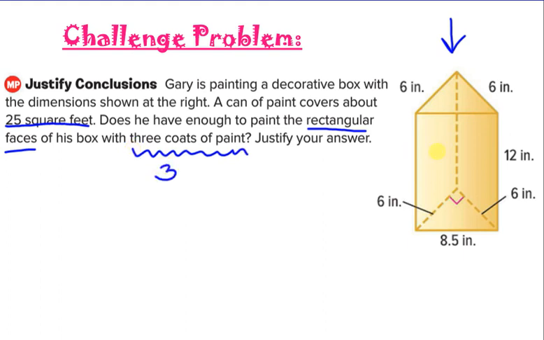So he only wants to paint the rectangular parts of this. So yes or no, and then you need to justify your answer, and you can do that by showing all of your work. Okay, and then you can submit it to me at any time this week for extra credit.